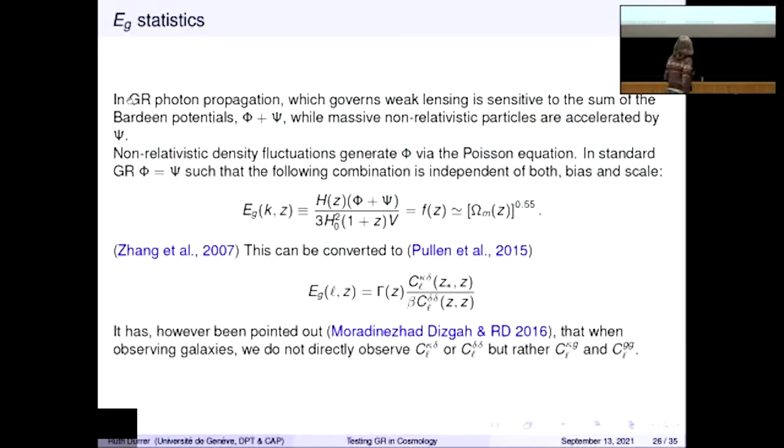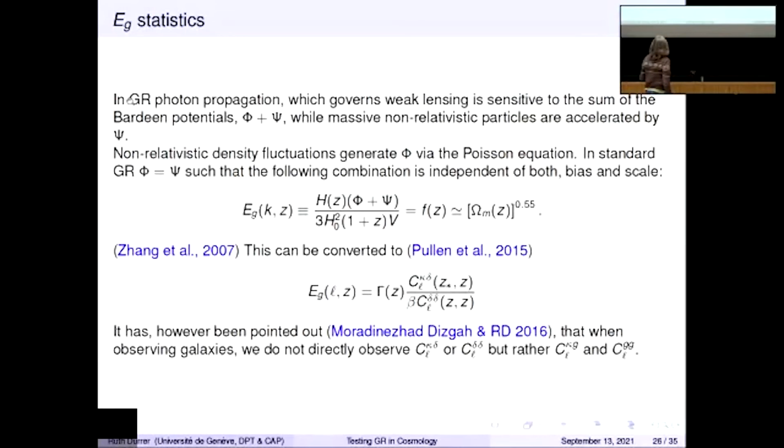While ordinary matter is nearly only sensitive to this second one of the gravitational potentials. And if matter is kind of normal, an ideal gas, you can show that both of them are equal and are equal to the Newtonian potential. So the scalar part of GR is very similar to Newtonian gravity.